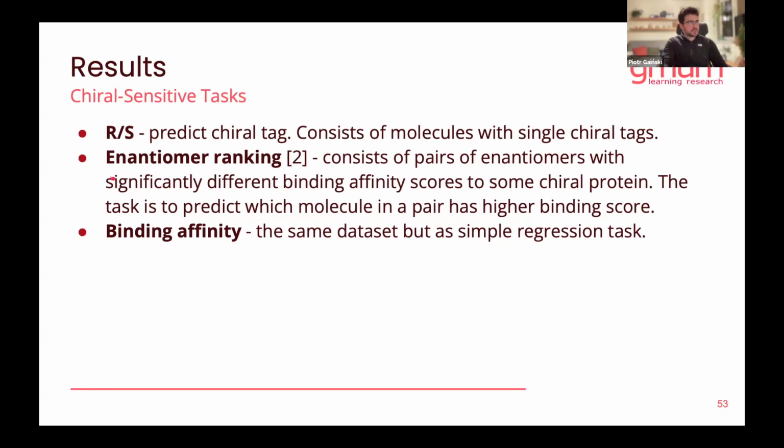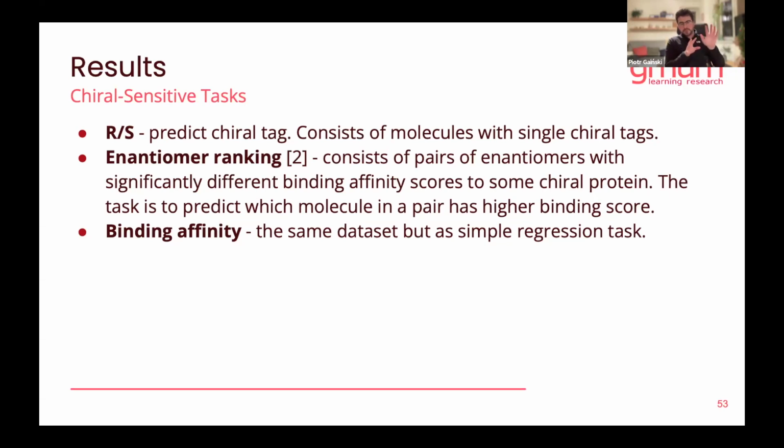Moreover, we have an enantiomer ranking, which is a task copied from the ChIRo paper. It consists of pairs of enantiomers that were bound, I believe in a simulation, to some chiral protein, and they have significantly different binding affinities.